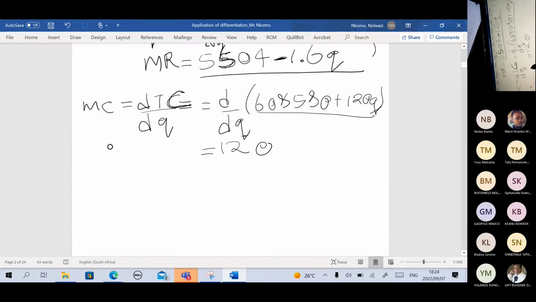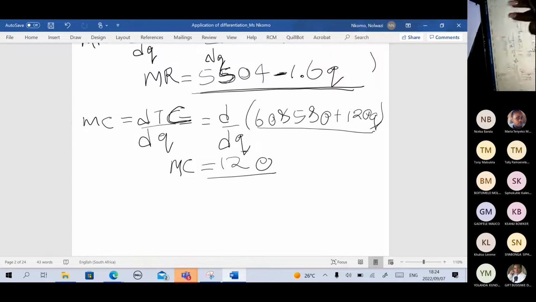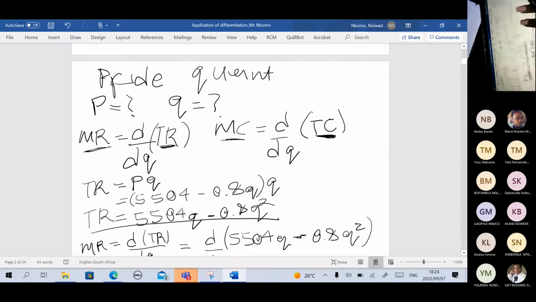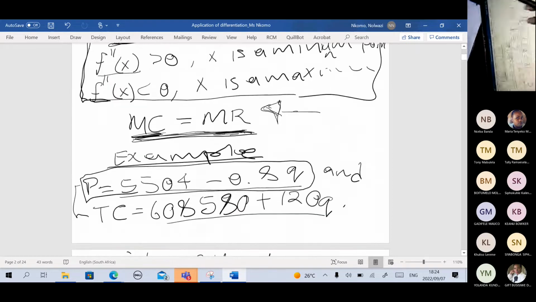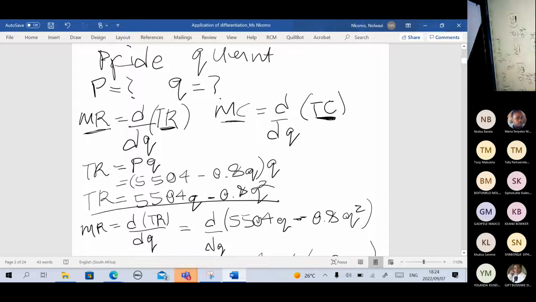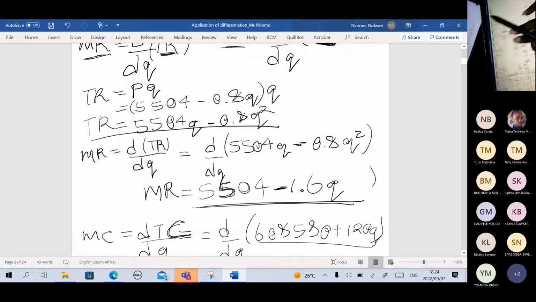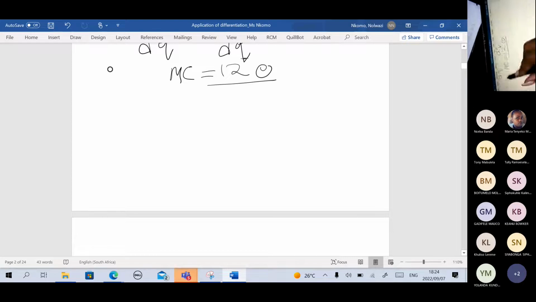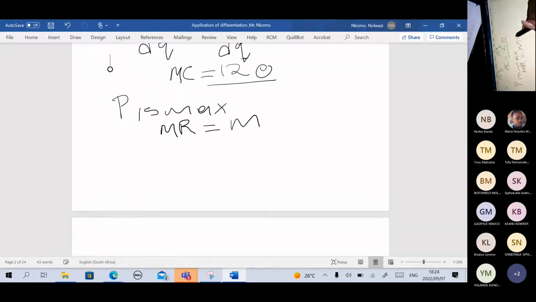So we have our marginal revenue as this, and we have our marginal cost as this. Remember, in the question we were asked to find the price and the quantity for which the profit is at maximum. And we know that the profit is at maximum when the marginal revenue is equal to the marginal cost.